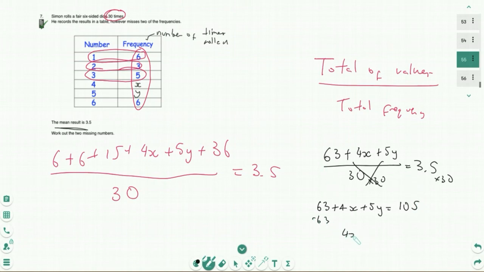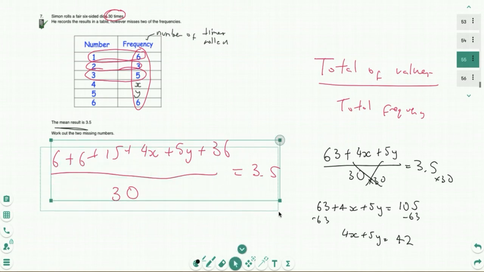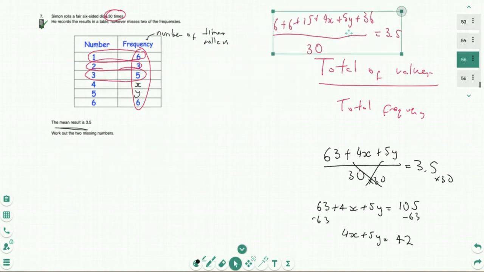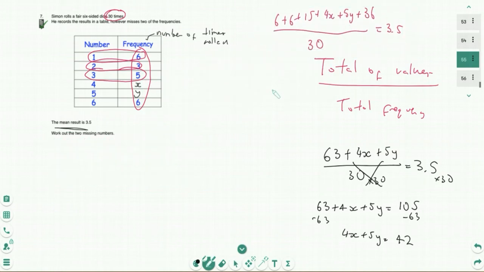So 4x plus 5y is equal to 105 minus 63, which is 42. We've created some sort of equation. So we can say 4x plus 5y equals 42.